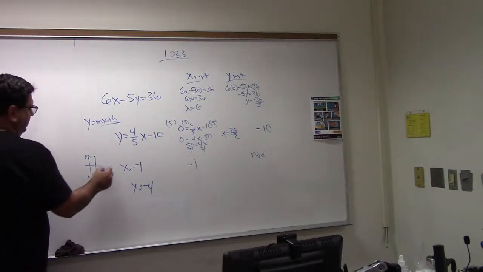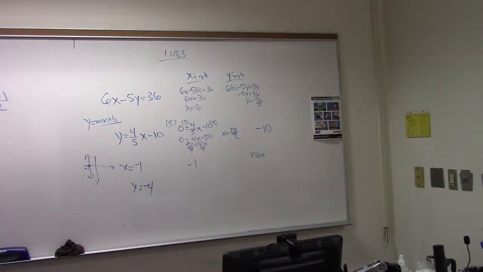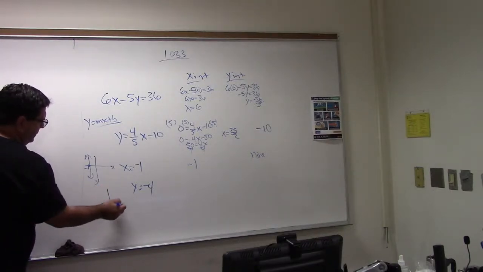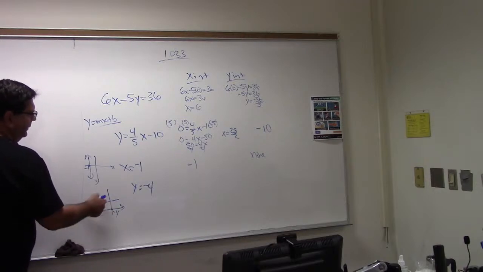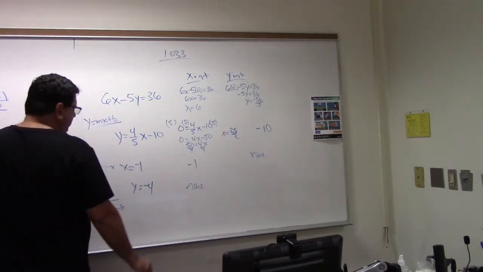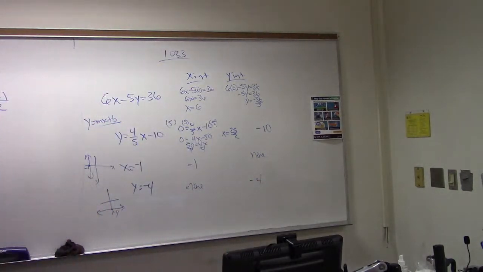This is the y-axis, this is the x-axis, this is negative 1. Okay? Y equals negative 4. This is negative 4. X-intercept is none. Y-intercept is negative 4. It crosses the y-axis at negative 4.